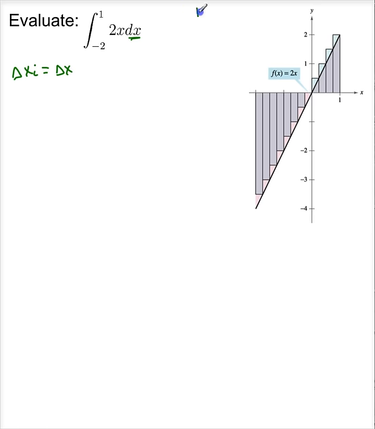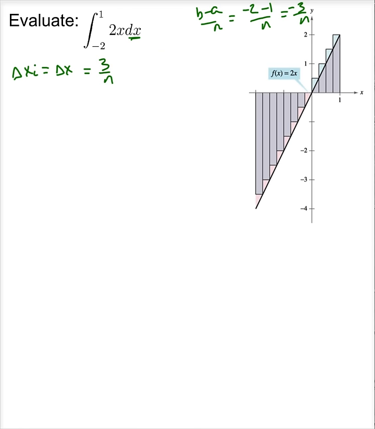So if I look at (b minus a) over n, that is (-2 minus 1) over n. So that's -3 over n. And we can do that, but for convenience's sake, let's make delta x positive and make delta x equal 3 over n instead of the negative.